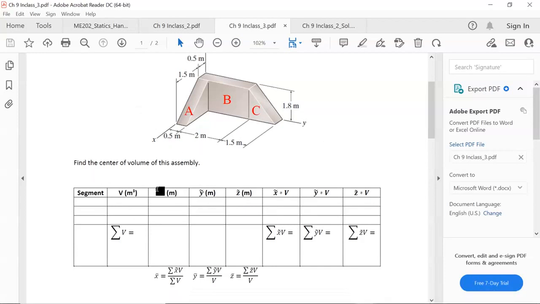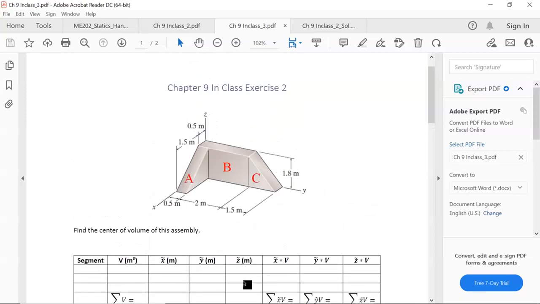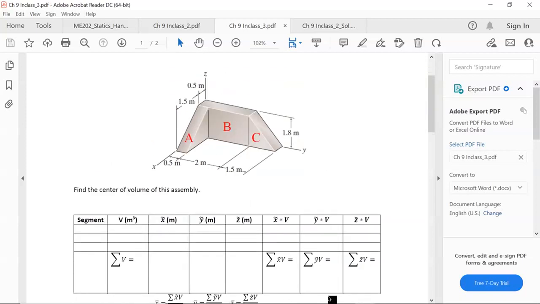So instead of area, we need to calculate volume, which is length multiplied by width multiplied by height if it's a rectangular plate, or area multiplied by the thickness for a rectangular shape. And then same thing, we calculate x tilde, y tilde, and z tilde, and only once you calculate these, the remaining entries are made using simple multiplication of these numbers with the volume, and apply this formula to calculate the overall centroid of the shape, or sorry, center of volume for this shape. Thank you.